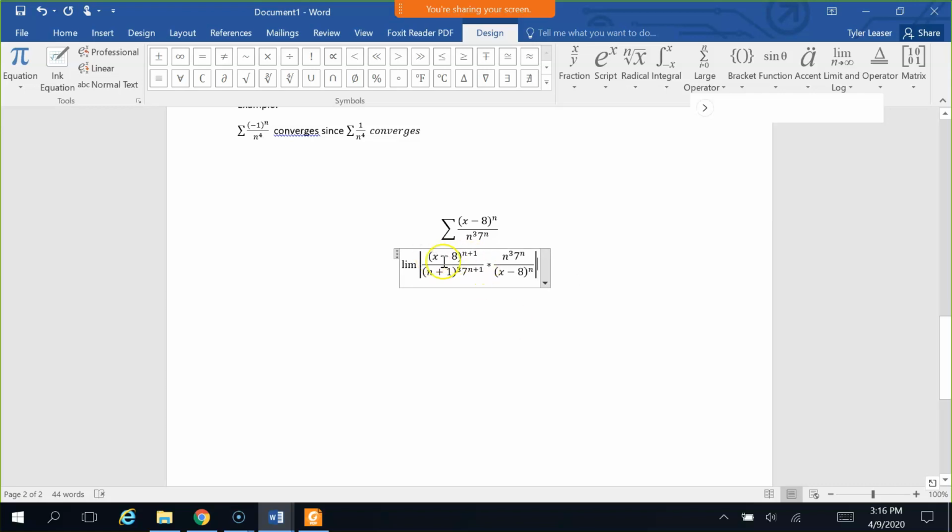So the n plus 1 term, just replacing all of my n's with n plus 1's, and then we're dividing that by the nth term, which is the same thing as multiplying by the reciprocal of the nth term.